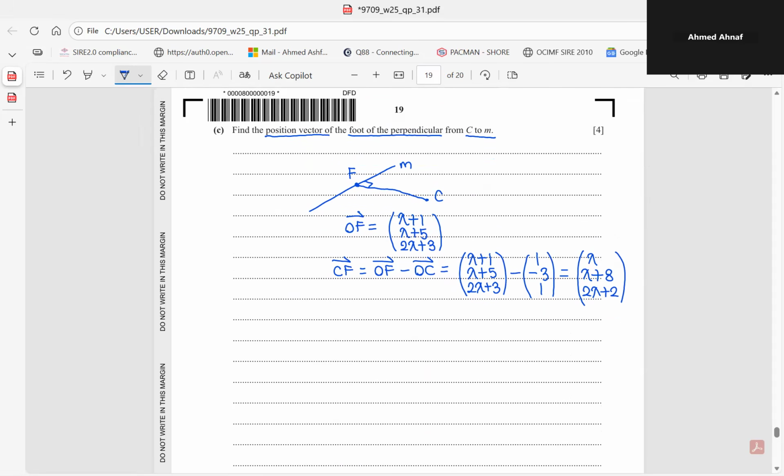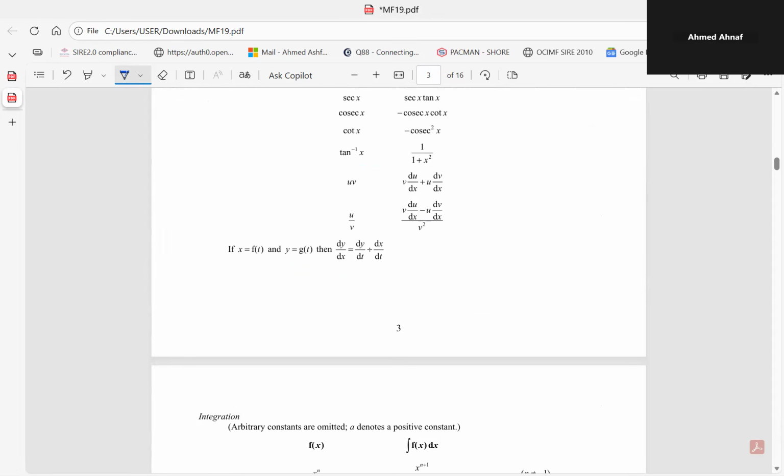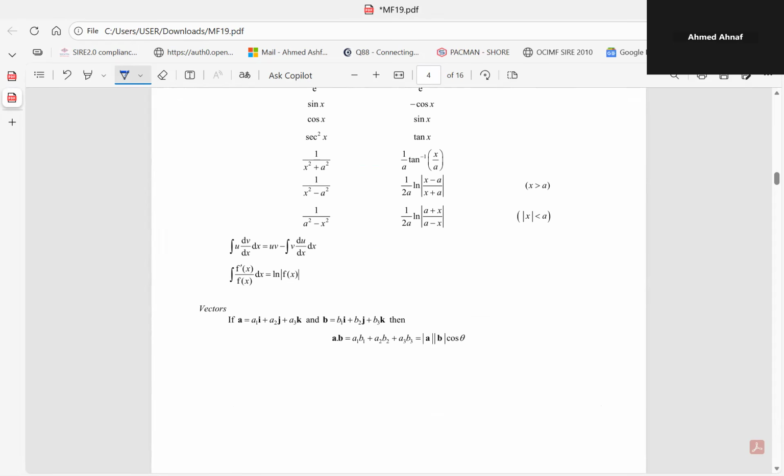Now we're going to make use of our scalar product, which is given in our MF19. So the scalar product A dot B is just equal to the length of the two vectors times cosine theta. So when theta is 90, cosine theta becomes 0. Hence, A dot B will also be 0.